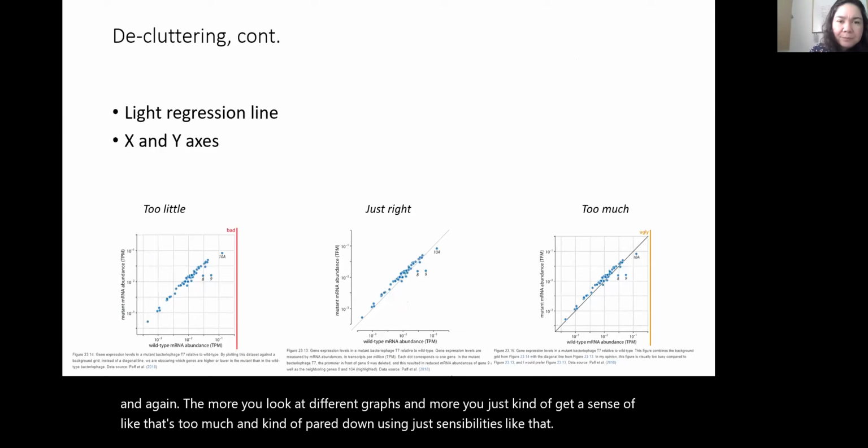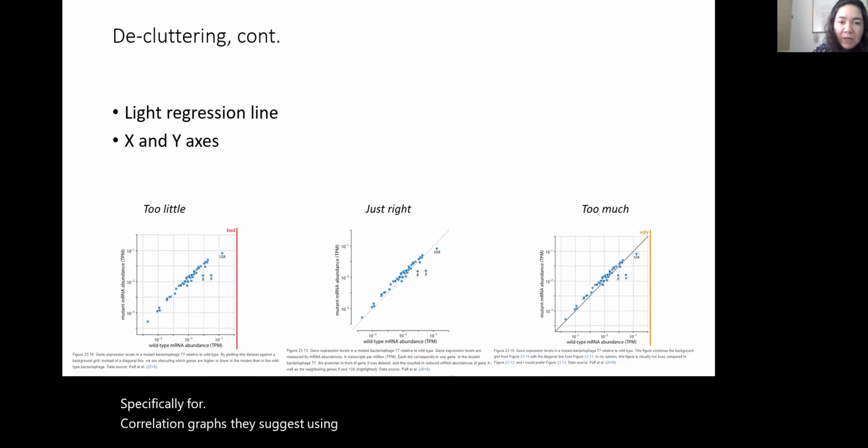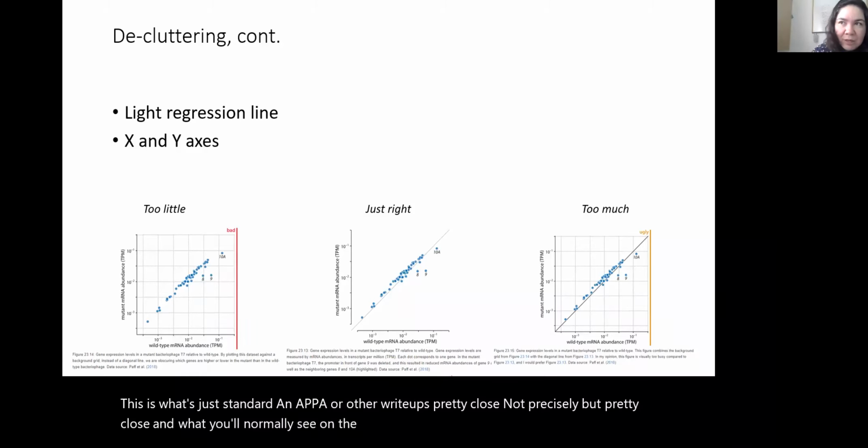Specifically for correlation graphs, they suggest using basically just the regression line and the axes labels. This is what's standard in APA or other write-ups, pretty close, not precisely, but pretty close. What you'll normally see on the left side, without that regression line, is the big too little.